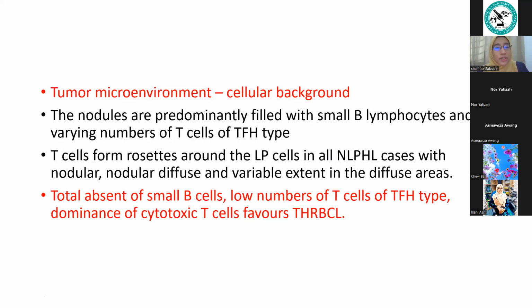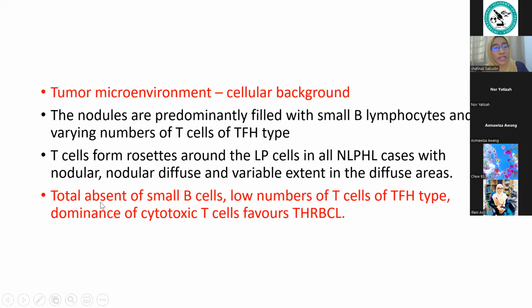Okay, next we also need to assess the tumor microenvironment, meaning the cellular background. The nodules are predominantly filled with small B lymphocytes and varying numbers of T cells. The T cells are of T follicular helper type, and they form rosettes around the LP cells in most nodular lymphocyte predominant Hodgkin lymphoma cases, but in T-cell histiocyte-rich B-cell lymphoma, they are absent.